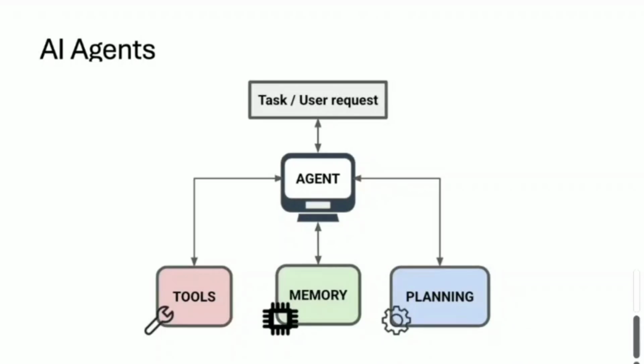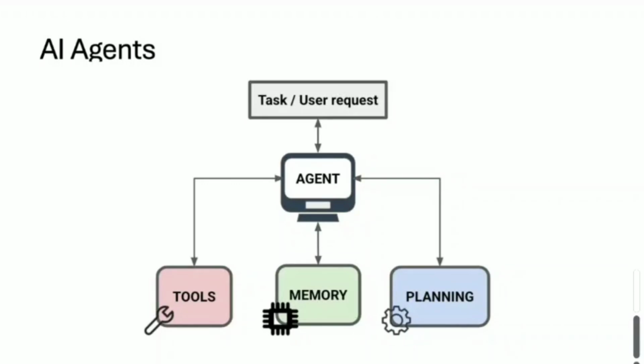Now, a little bit more information about the agents. The agent first gets a task or a prompt, and the agent is able to make use of tools, as you mentioned, and the agent has memory of the previous task.